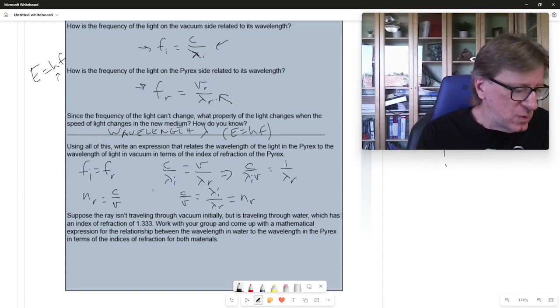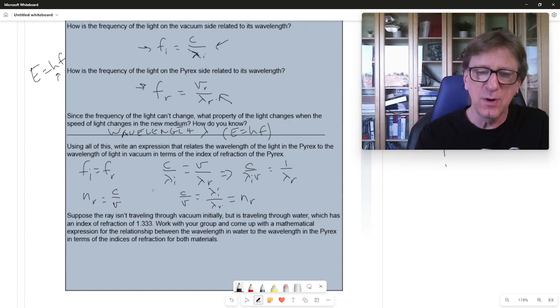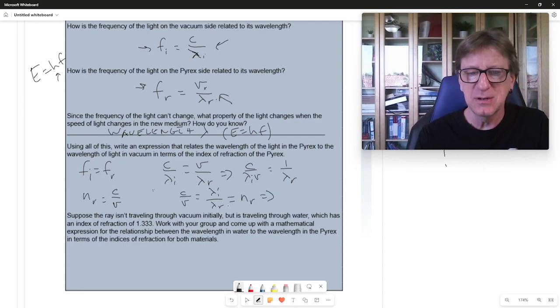Okay, so we're going to solve this then for our refracted wavelength here, since that's what we're usually interested in. So I'm going to multiply both sides by lambda_r, and that gives me lambda_i equals lambda_r times n_r, but I want the lambda_r by itself, so I'm going to divide both sides by n_r.